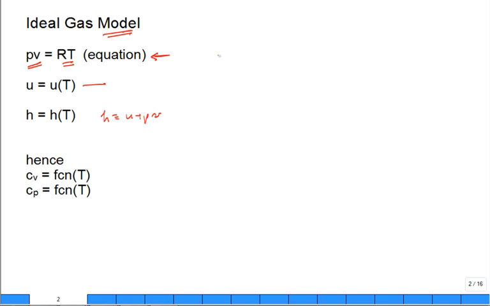So what is the definition of C sub V? Is it defined as the rate of change of U with respect to temperature holding V constant? Now, why do we have a partial derivative there? Because normally U is a function of maybe temperature and volume, temperature and pressure, two independent intensive properties, which fix the state, and I can get other properties.